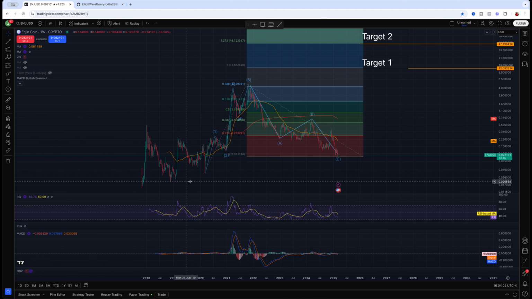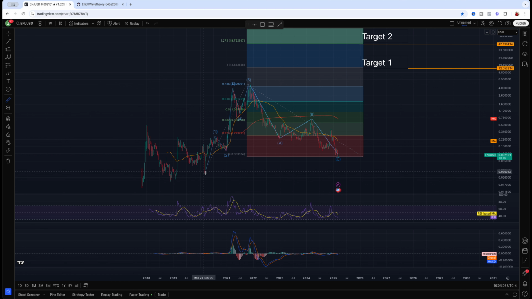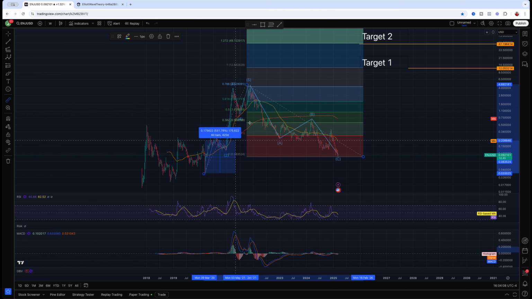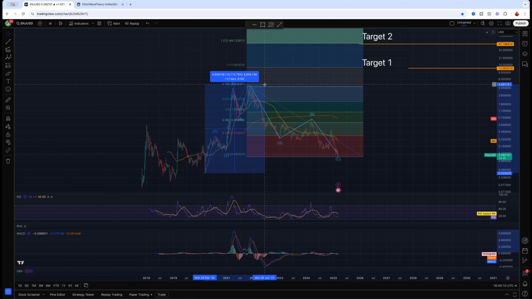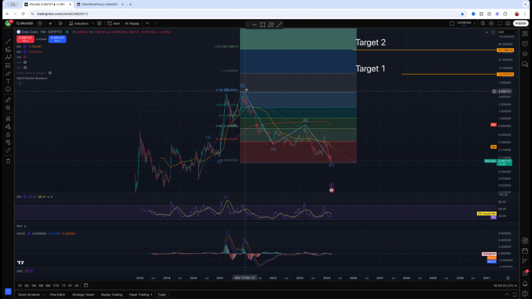However, in the last bull market, let me go ahead and measure, even just from the bottom in March of 2020, we had 140x. That wasn't even including the beginning of the bull market, but that was just from the lows of 2020 all the way up to the top, the end of the bull market. So it definitely is possible.